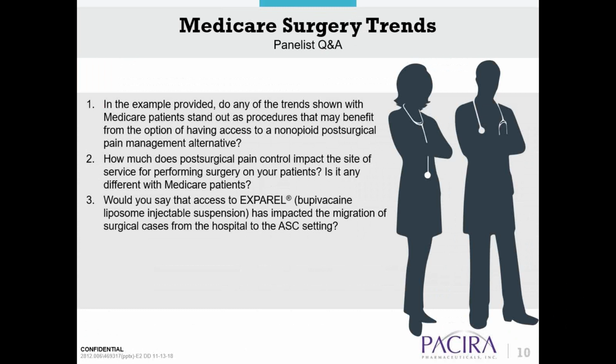Some of my colleagues are doing total shoulders in the ambulatory surgery center environment, and if you can do something that would be outpatient surgery in a hospital, you could certainly do it in an ASC.